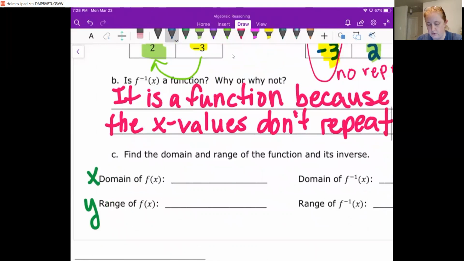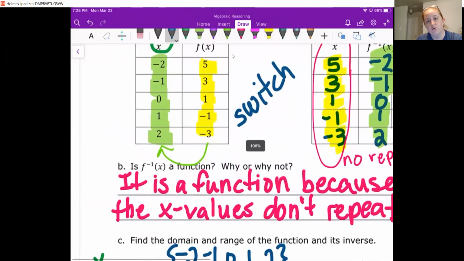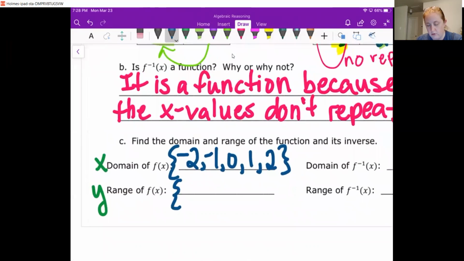So -2, -1, 0, 1, and 2. Okay, so there's my x's, my domain. The y values are those ones that I highlighted there in yellow, 5, 3, 1. So I need the same curly brace. 5, 3, 1, -1, and -3.